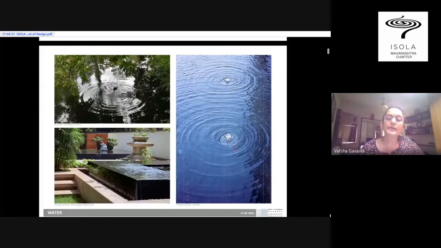With little movement, it starts creating patterns. I actually wanted to add audio clips also, but not being so tech savvy, I couldn't do that. But I think all creative minds here can imagine how the music of water slowly starts with movement in water.